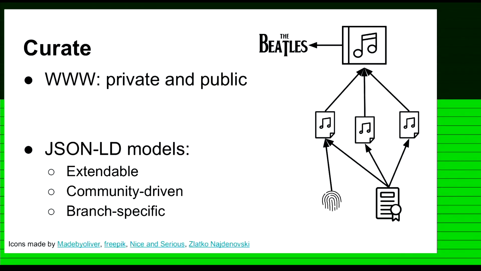Koala IP uses RDF as a serialization format, which, as a base layer for the data models, allows them to be extended quite easily and to be developed iteratively, and it facilitates a community-driven definition of the models. Additionally, it allows the domain-specific creation of models to fit other industry use cases, for example, the music licensing use case you can see here.